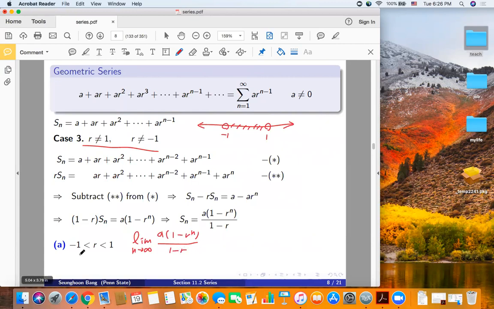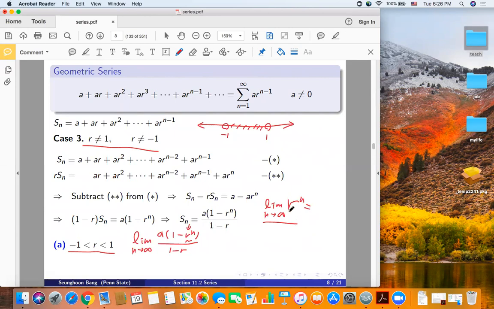So we think about r between -1 and 1. What is the limit of r to the n as n approaches infinity, only this part? Peter said 0, and 0 is right.